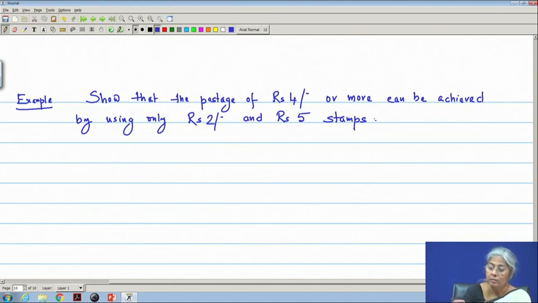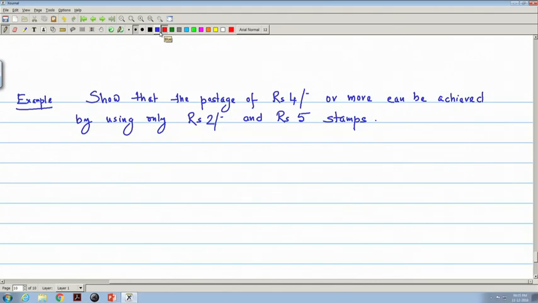So, first we have to show the basis step. Now, here before writing the basis step and the inductive step, we try to explain what will be our approach to use the strong form of mathematical induction.